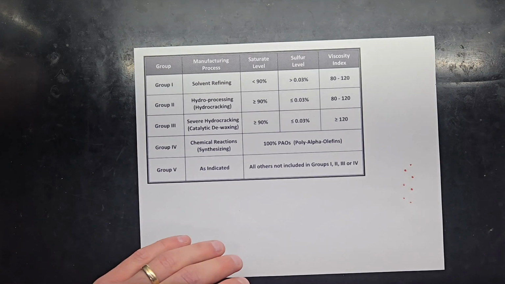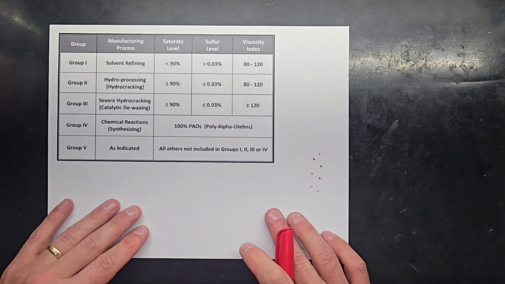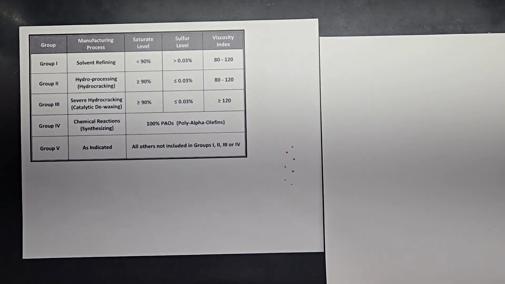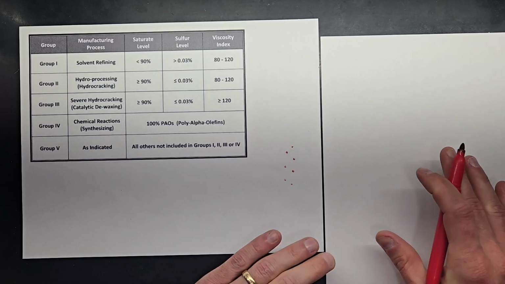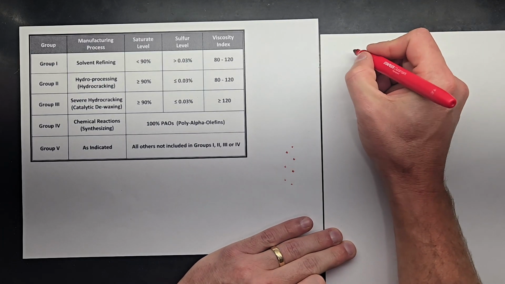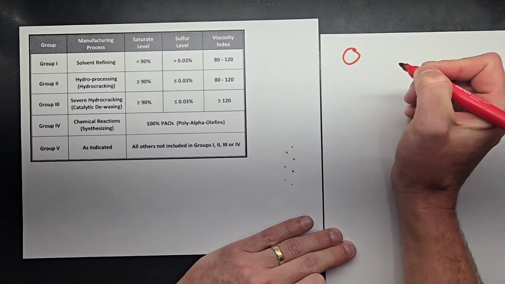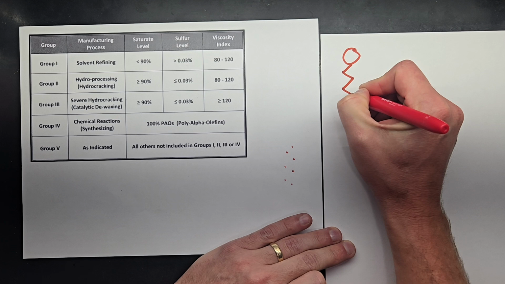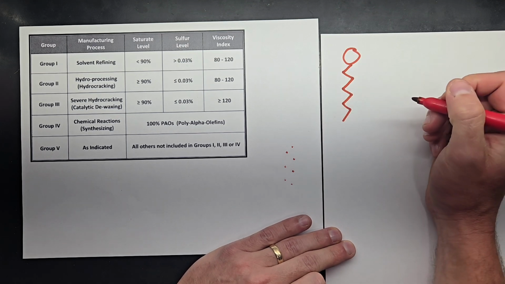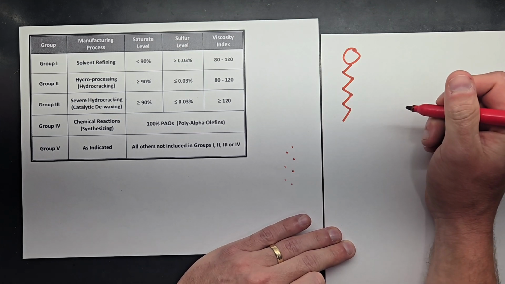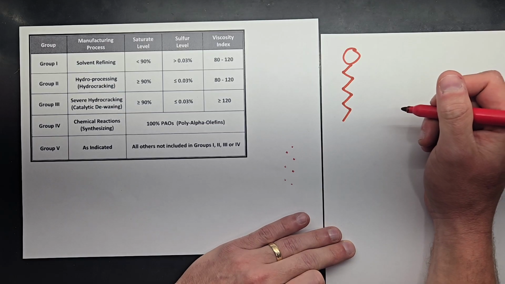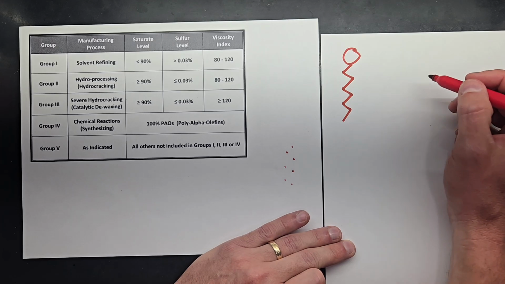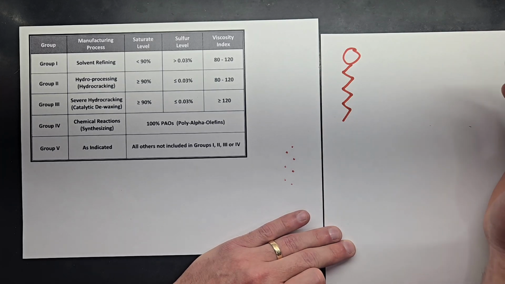So you might be asking yourself, what does it mean to be more paraffin-based? The structure of a paraffin is we have a polar head, and then we have our hydrocarbon tail. And the alkenes and the aromatics and the naphthenes all have their own structure.